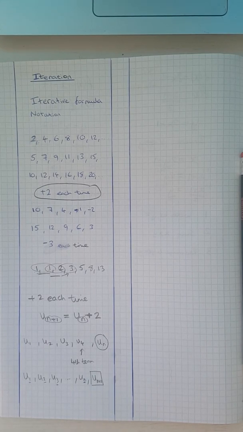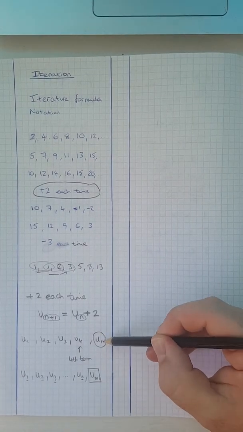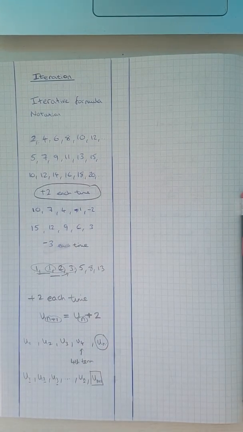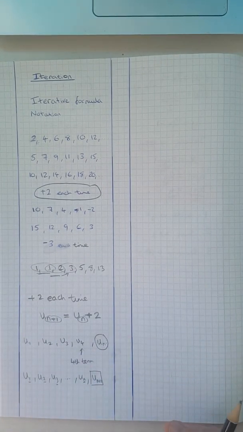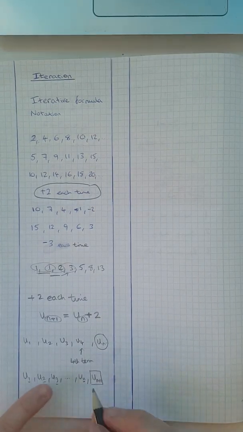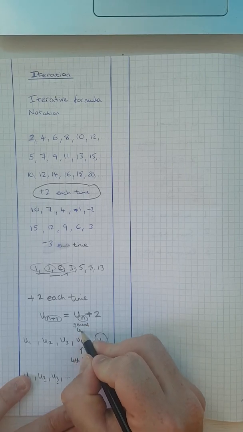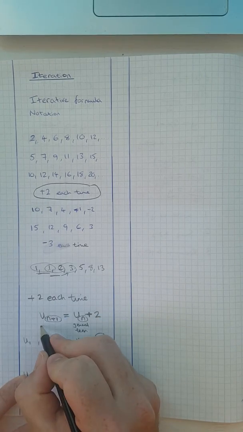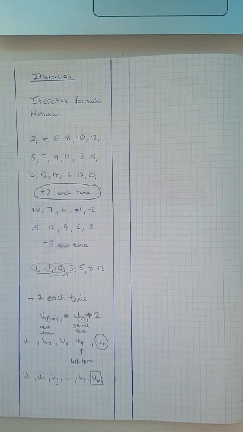So what that means is that if U subscript n is your general term, then Un plus 1 is just the next term. So this is any term, the general term, and this simply corresponds to the next term.